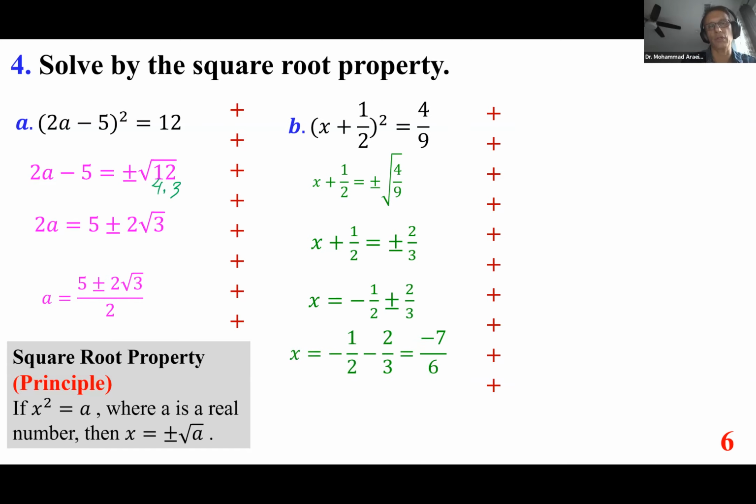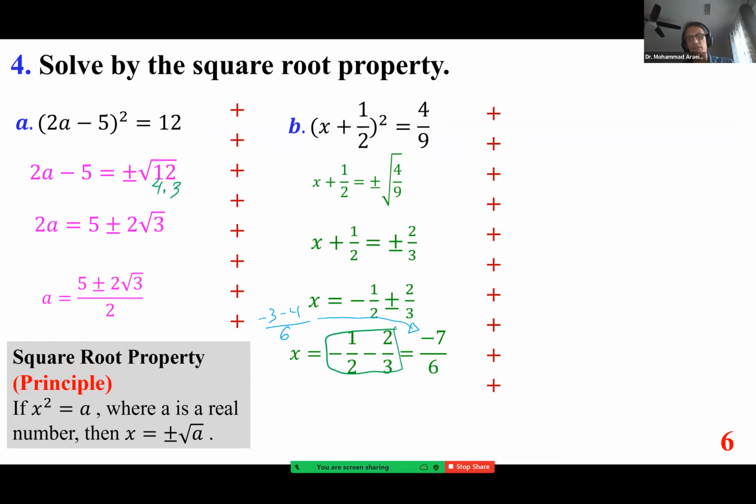Just as an example, if you add these two, use a different color. You notice that the common denominator is 6. So negative 1/2 becomes minus 3 over 6, and negative 2/3 becomes minus 4 over 6.